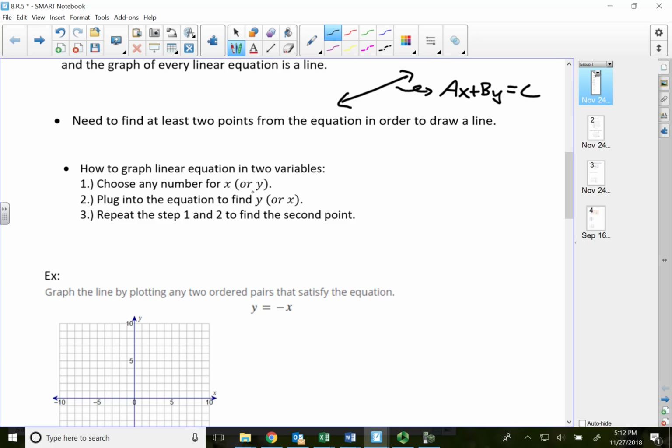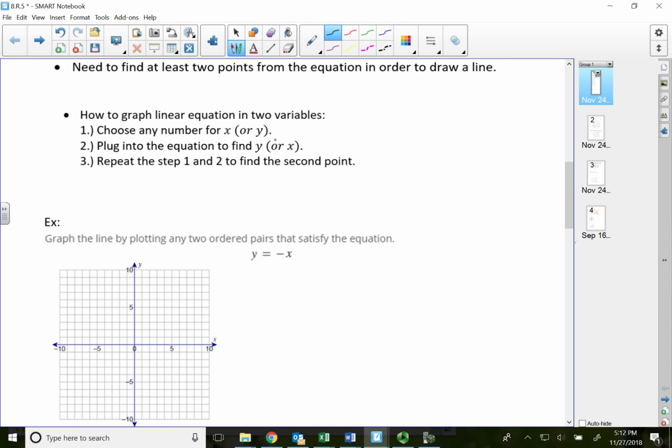Try not to pick such big numbers. You don't want to pick anything bigger than 10 in either x or y. And you definitely don't want to purposely pick decimals or fractions. So what I want to pick here is integers, anything between -10 to 10.